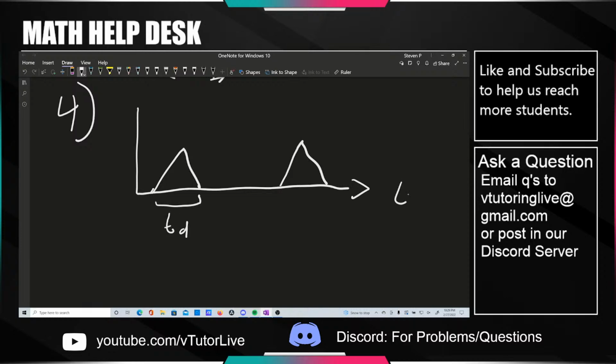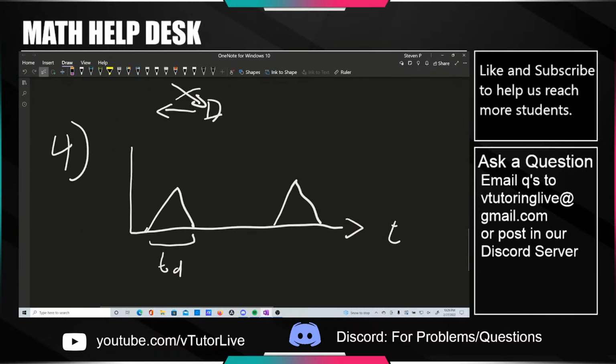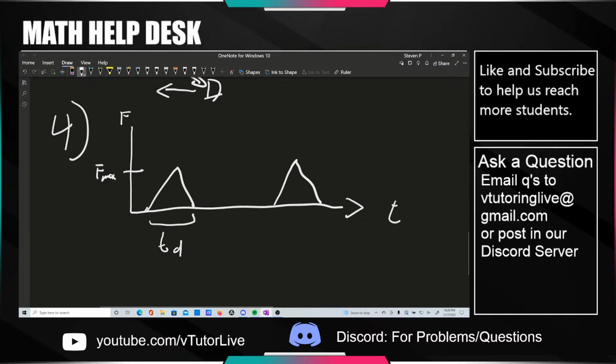So if this is time versus force, and they say that this is F max, and what else? This is TD as well. And then the difference between the peaks is called TR, I think. So during each impact, what is the magnitude of the impulse on the wall?